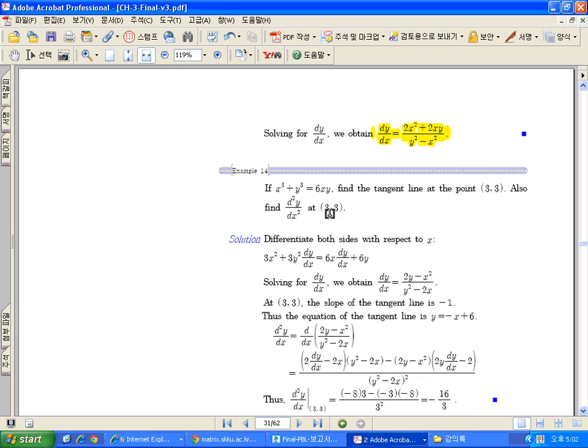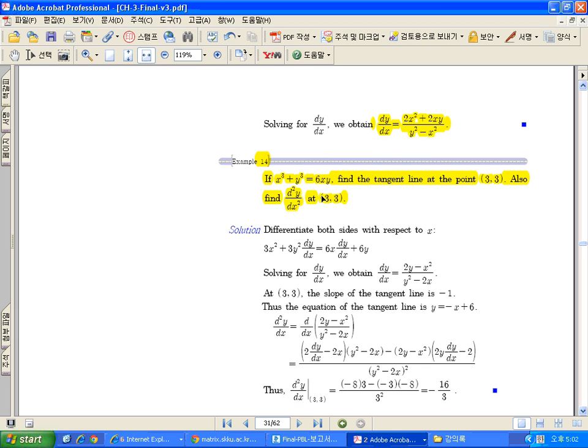Next problem: if we have this type of implicit equation, find the tangent line at the point 3, 3. Also find the second derivative of y with respect to x at 3, 3.